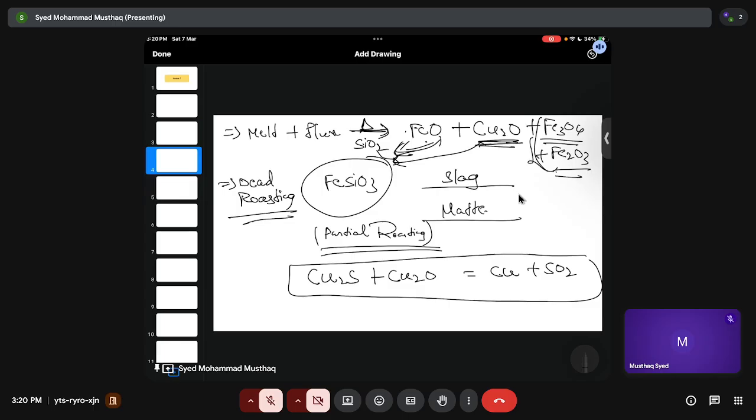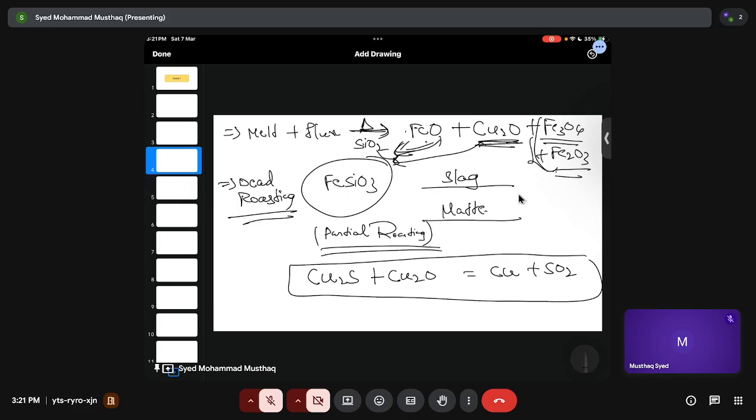There are ways in which you can do it, but industries mostly don't prefer it, because it will increase your process parameters and other things will come into the picture. There is a term called selective oxidation, where you selectively oxidize one element and keep the other element as it is. That can be done, but in industrial processes mostly they do not use it, because it involves so many things.